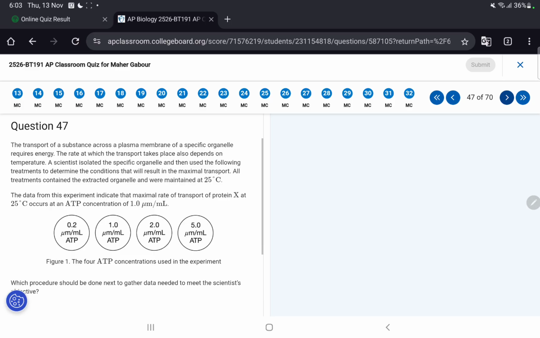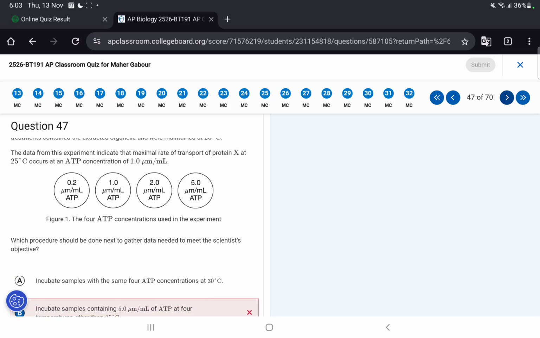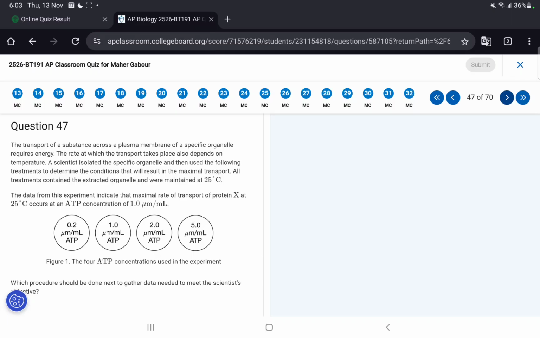Question 47. Which procedure should be done next to gather the data needed to meet the scientist's objective? In this experiment, they're trying to find the maximal rate of transport of this protein. They're looking at environments for the specific cell that will maximize the rate of exchange.